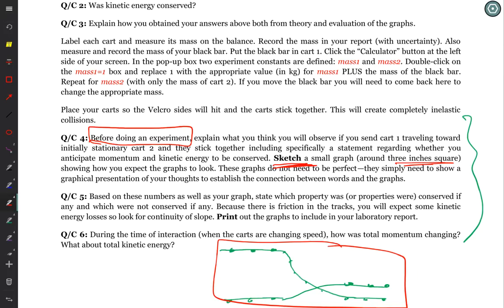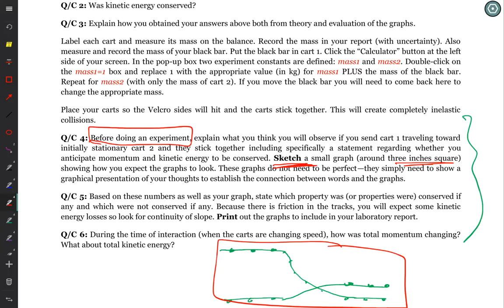Actually less than a second before to less than a second after, just like 3 data points before to 3 after. So that's all you need to have, all you should have in those diagrams, is what you expect to happen from just before the collision through the collision to just after. And so you have both what it looks like, what you think is going to be going on in terms of conserved versus non-conserved quantities, and your reasons.